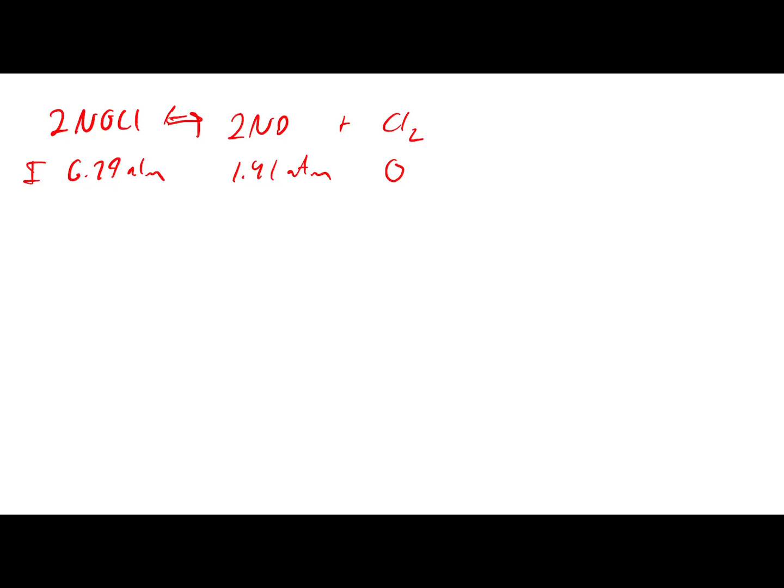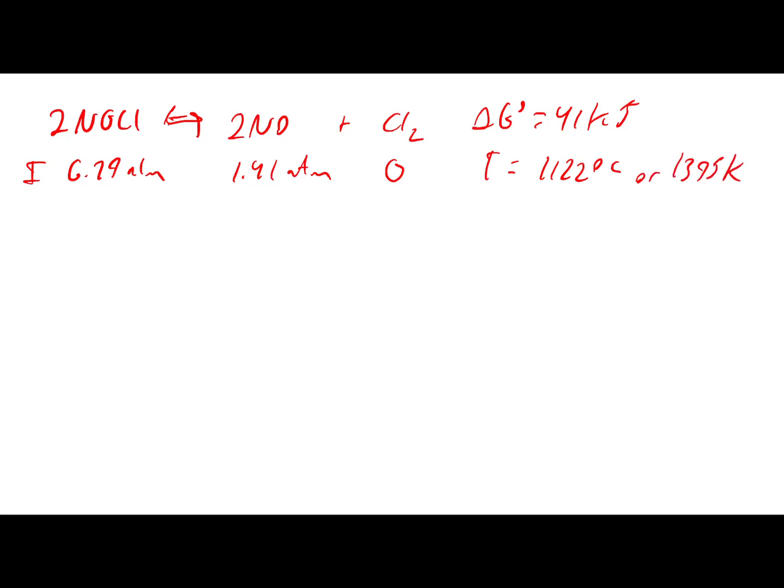So let me go to this blank side and rewrite our reaction. 2NOCl, which was 6.79 ATM, reacts to produce 2NO, 1.41 ATM was our initial amount, plus chlorine, which we initially had 0. For this reaction, they told us delta G0 is 41 kilojoules, and that the temperature was 1122 Celsius, or 1395 Kelvin.